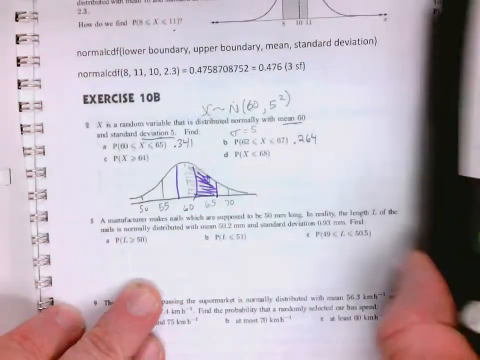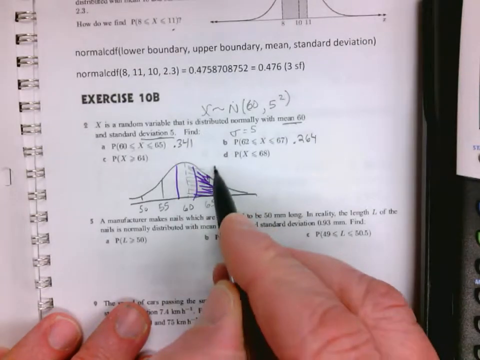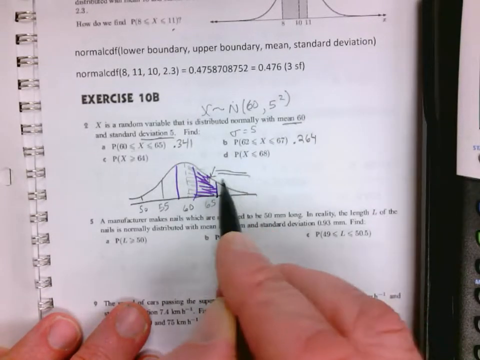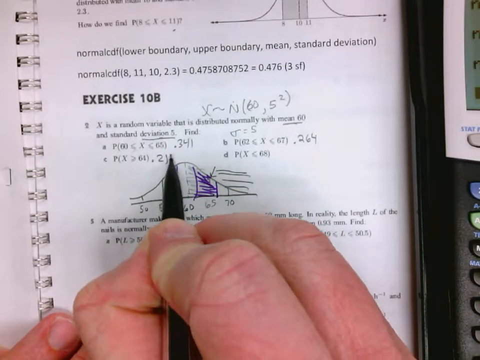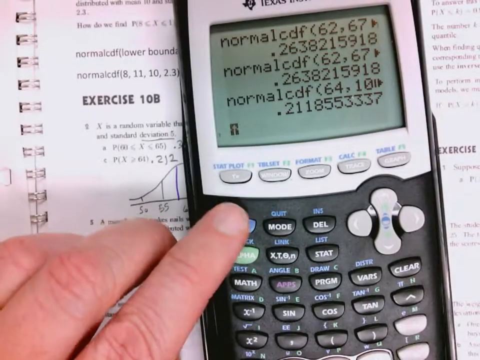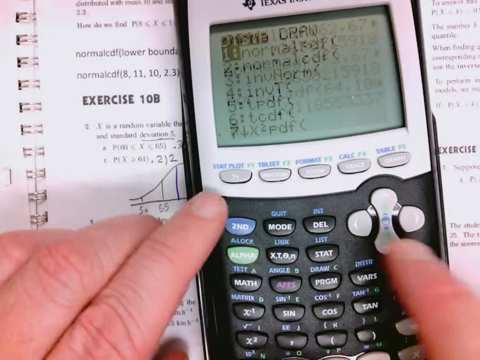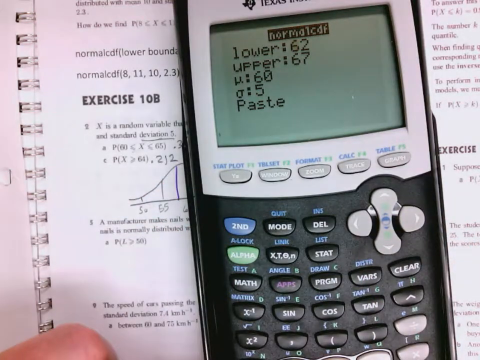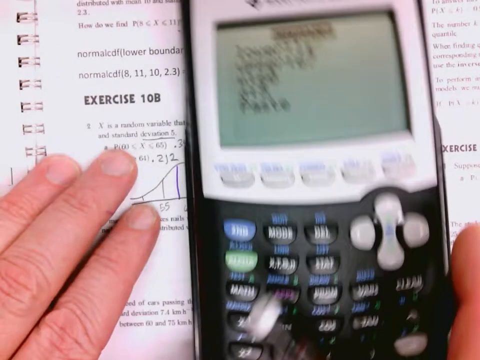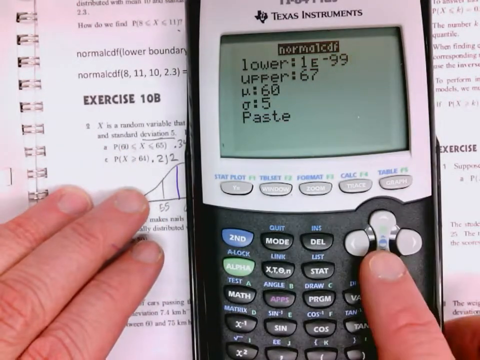Okay, so 64 is right in here to a really big number, 0.21. If you did from 0 to 64, 0 has to be 1 times 10 to the negative 99, something really small.